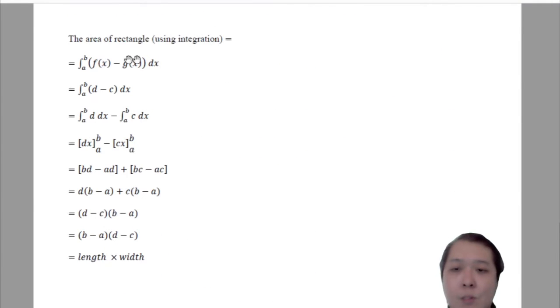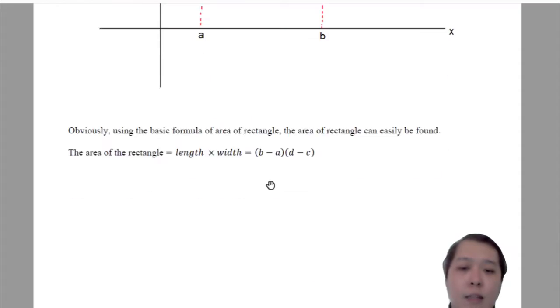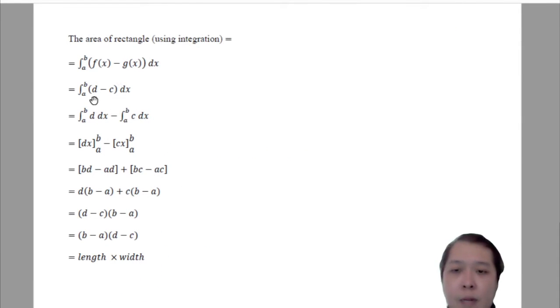Pretty simple. So we just use the integration f(x) minus g(x). That's obvious because f(x) is higher than g(x) in this interval from a to b. And then just plug in and integrate directly because it's easy to do.